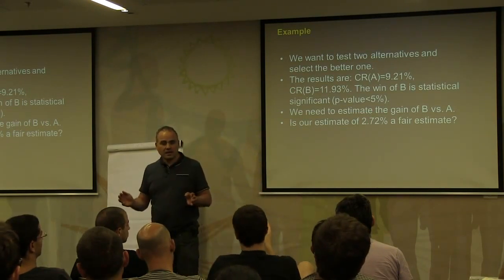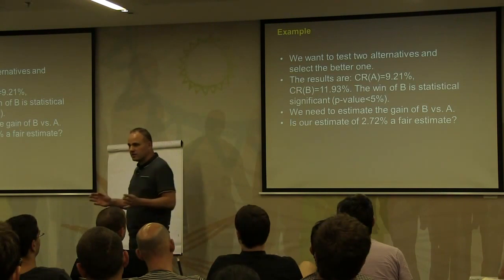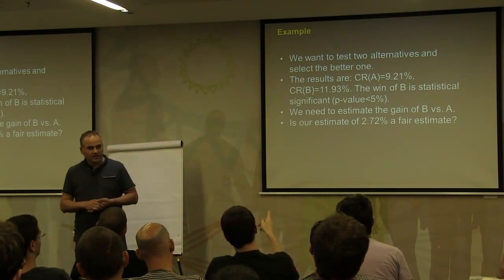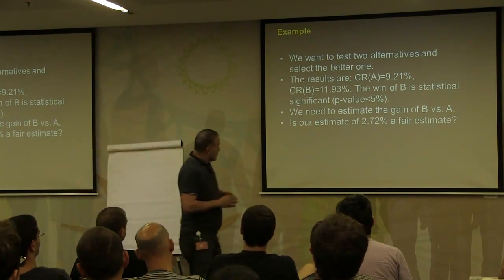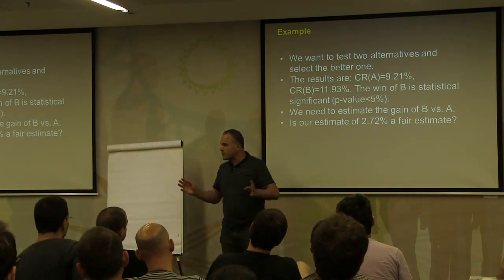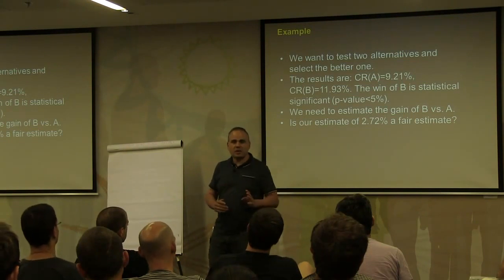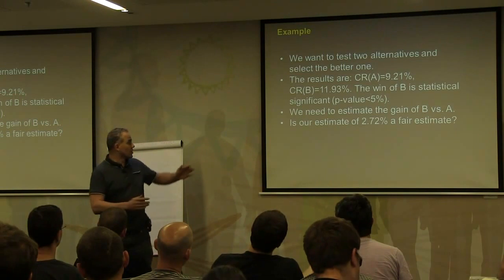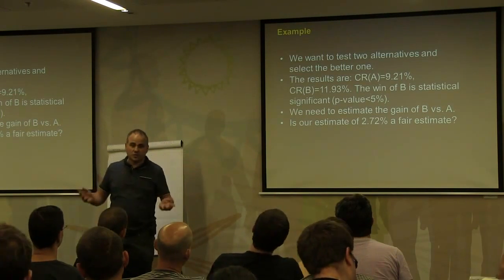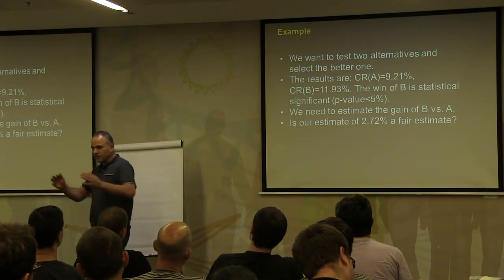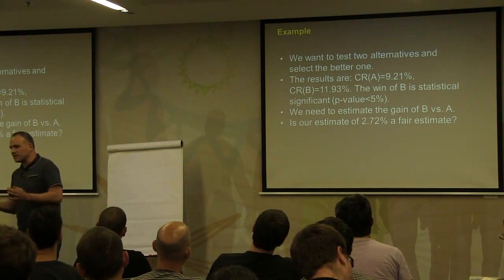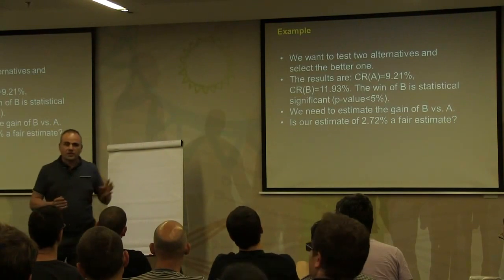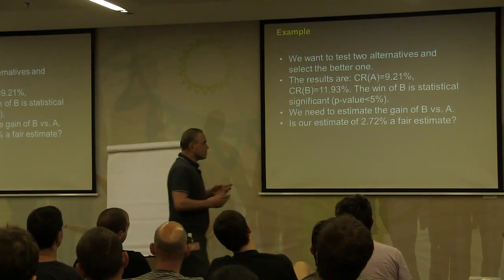It's significant, but the significance has some ranges. Never mind what this something is. It's smaller than 2.72, otherwise it would not be significant, okay? If the confidence interval includes zero, it means that it's not significant. So it's 2.72 plus minus something.